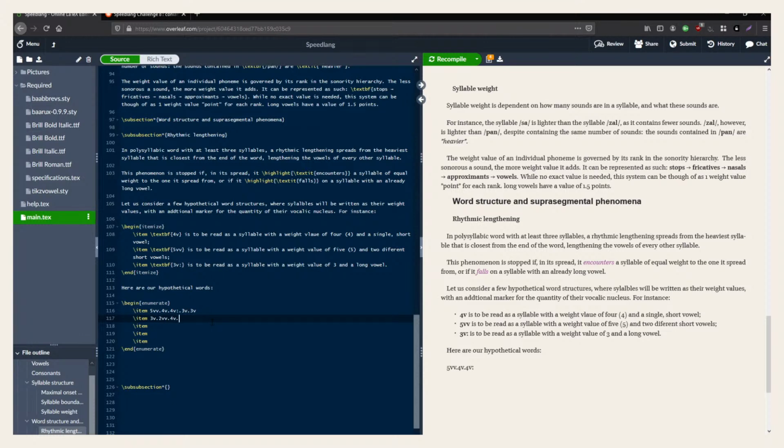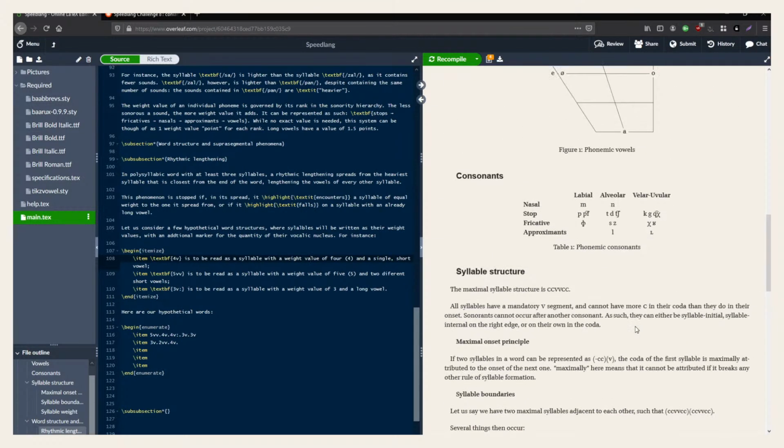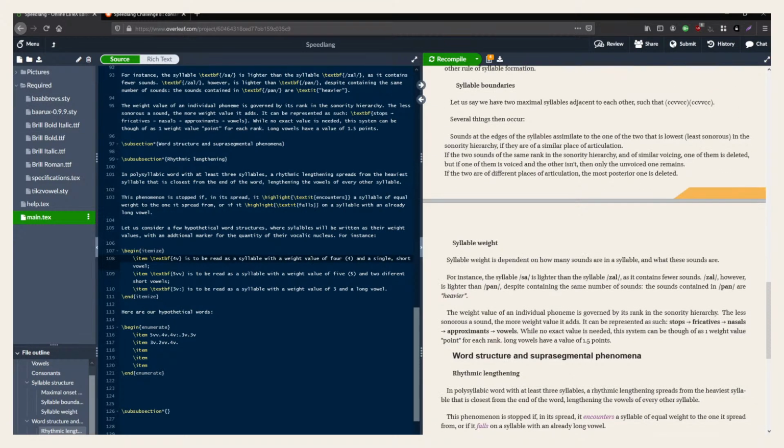Then for V, what's possible actually? Value, yes. So the structure is this. Where is the order? Here. So stops, fricatives, nasals, approximants, vowels. So 1, 2, 3, 4, 5.